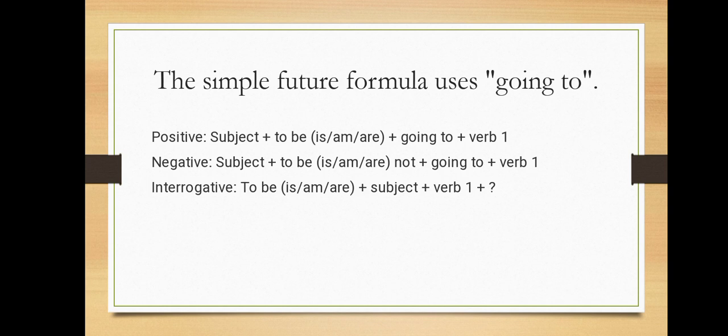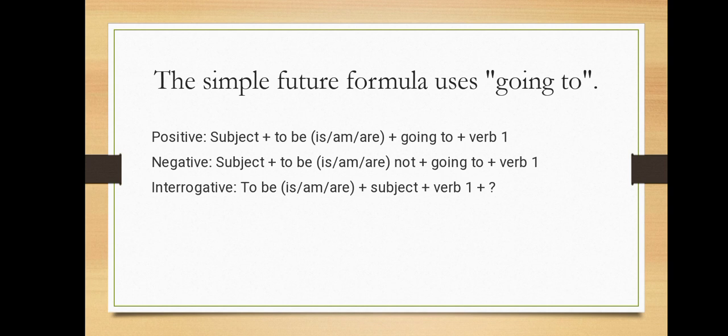The simple future formula uses going to. Positive: subject plus to be, I'm or am or are, plus going to plus verb 1.